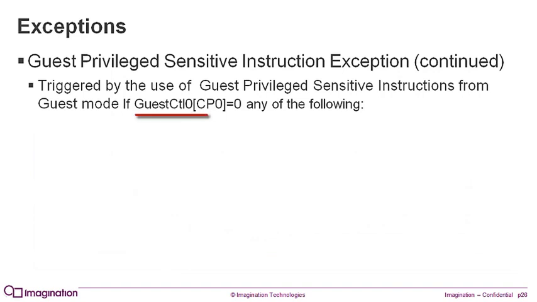If the guest access to coprocessor 0, guest control 0 CP0 bit is not set, then any guest execution of a privileged instruction will cause an exception. Note, if this bit is 0, then it overrides any other setting and will always cause a guest privilege sensitive instruction exception for any guest execution of a privilege sensitive instruction.